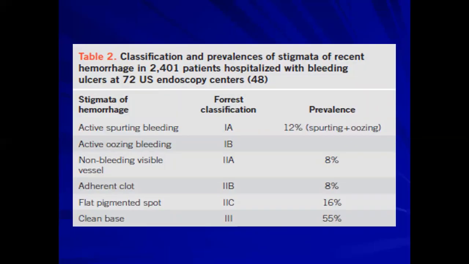Ulcers present in the stomach and duodenum can be classified according to the Forest classification. This is the Forest classification you can see. There are stigmata of hemorrhage, so you can classify according to the stigmata of hemorrhage. If there is active spurting bleeding, it's 1A.